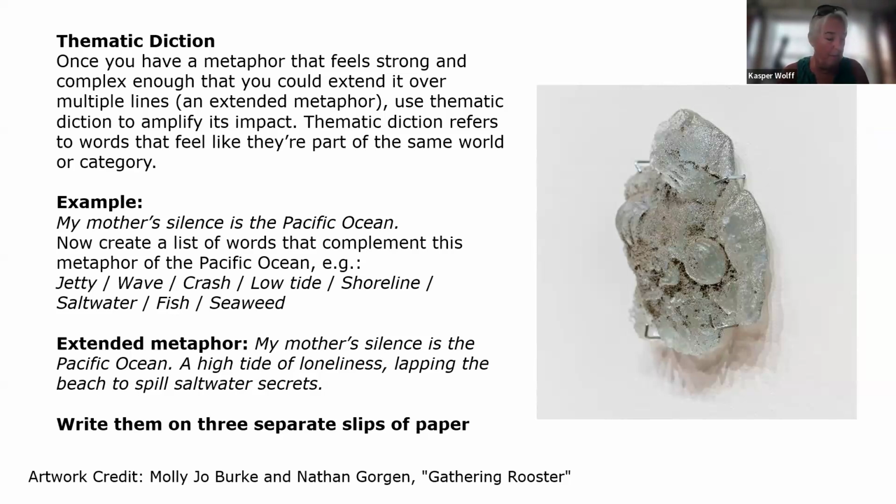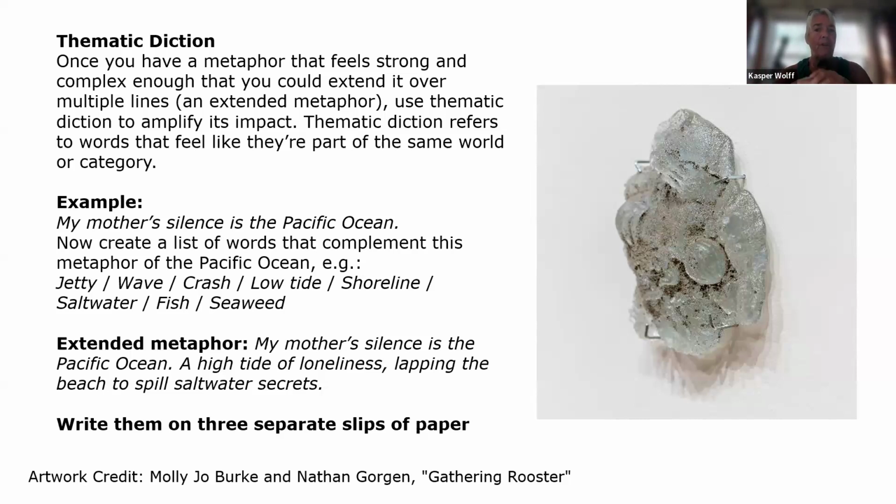Might inspire some additional ideas with regards to thematic diction and going beyond your initial metaphor to turn it into an extended metaphor. So, to thematic diction, once you have a metaphor that feels strong, complex enough that you could extend it over multiple lines, then use thematic diction to amplify its impact.